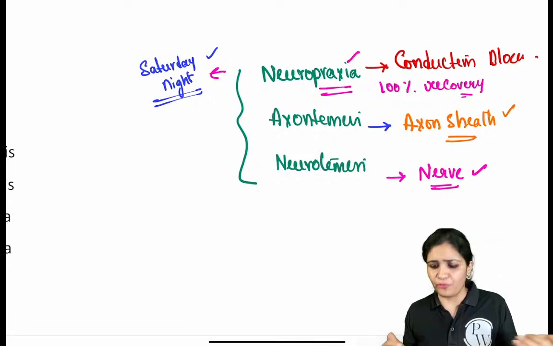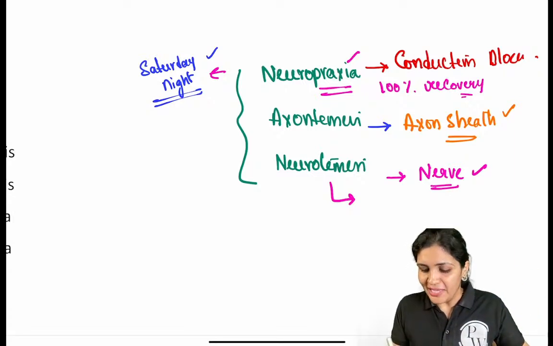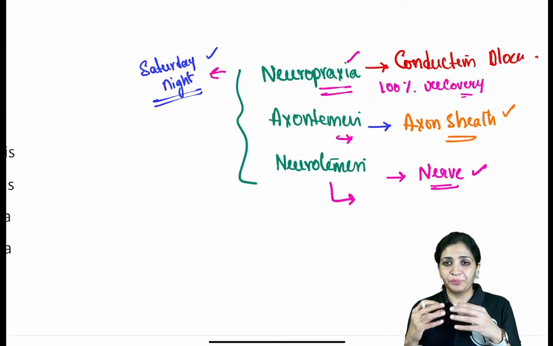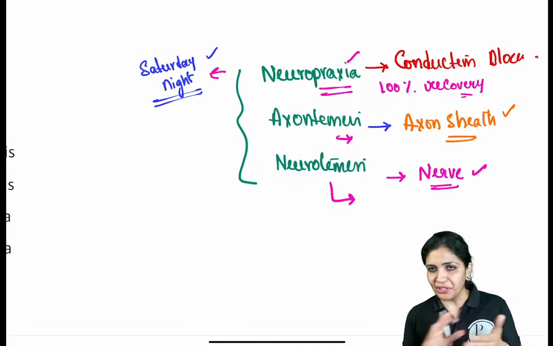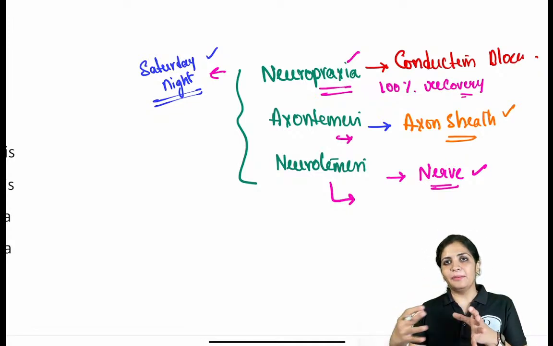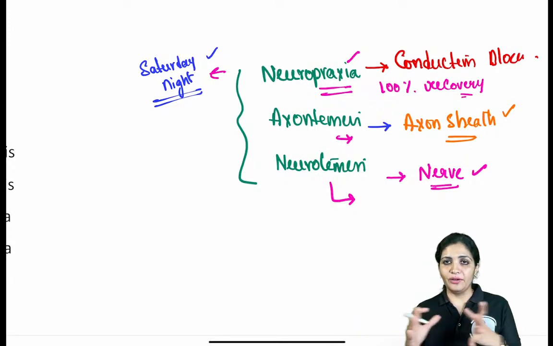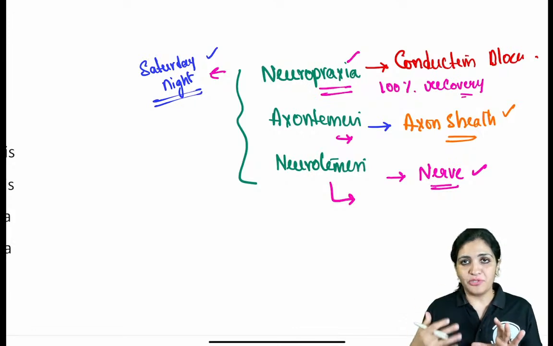This is a severe form where you have to go for nerve transfers or tendon transfer. Axonotmesis is a medium form where you can explain to the patient that the recovery might happen, but it is never 100%, but it can be somewhere around 80 to 90% sometimes, or there could be no recovery in a few patients. So that depends upon the amount of damage which has occurred.